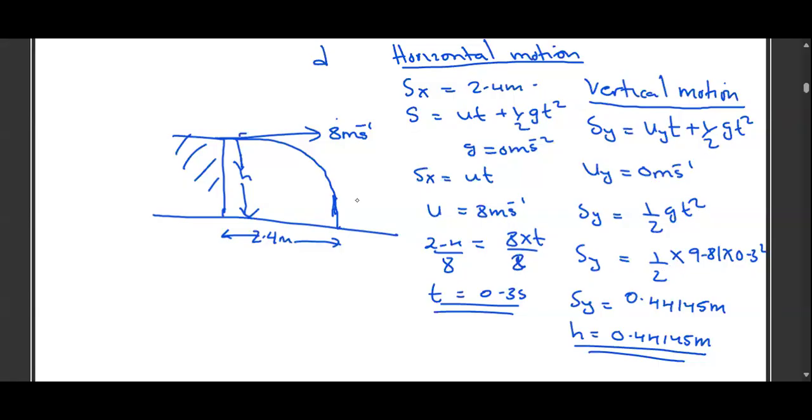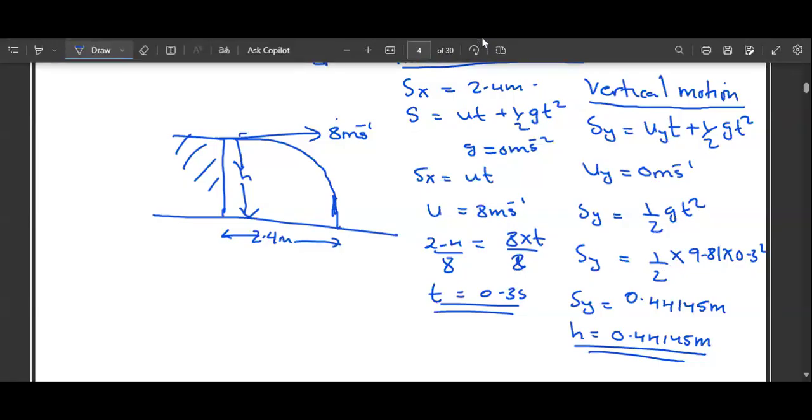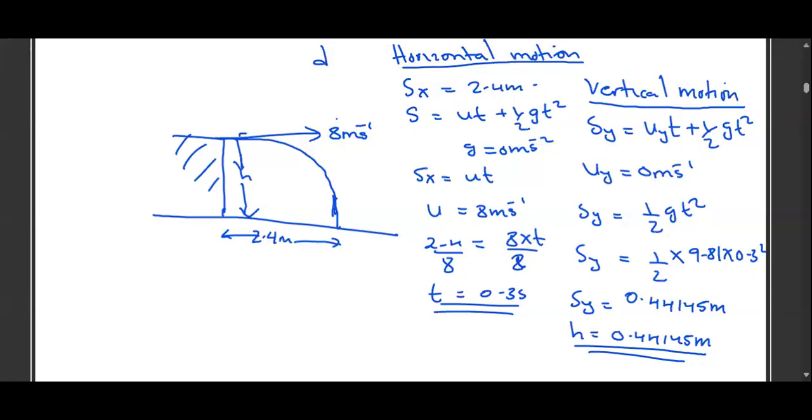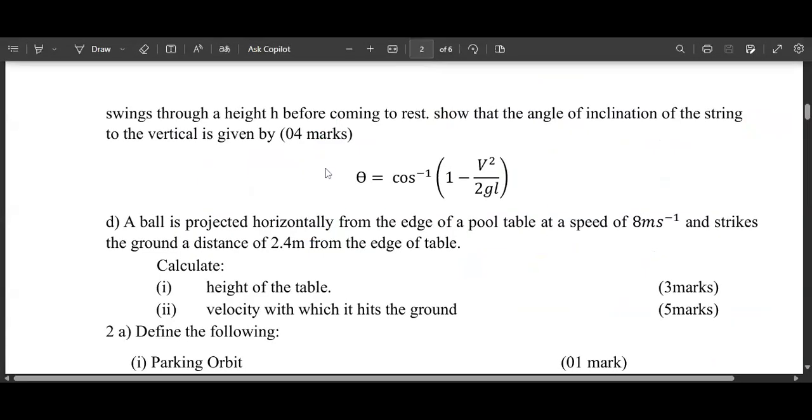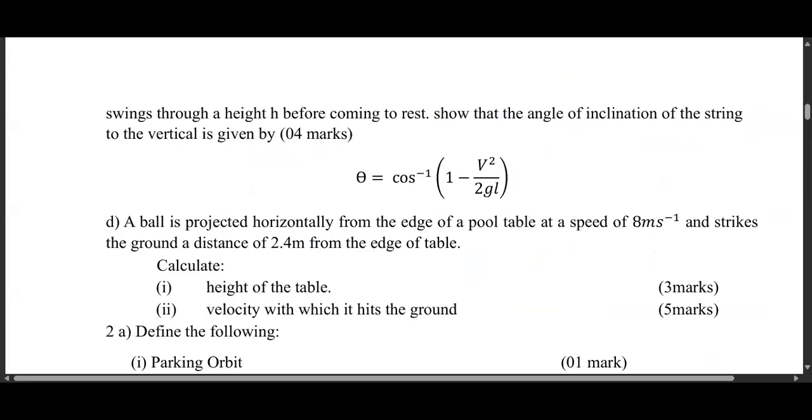So that is Roman numeral 1. Roman numeral 2 is saying: velocity with which it hits the ground.